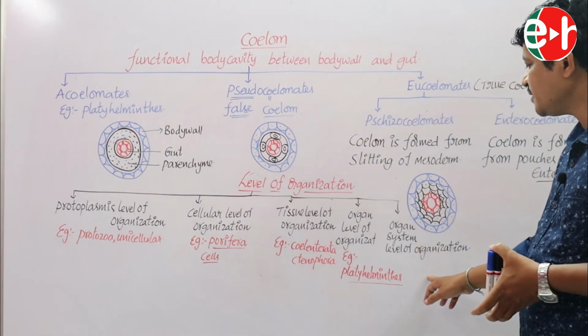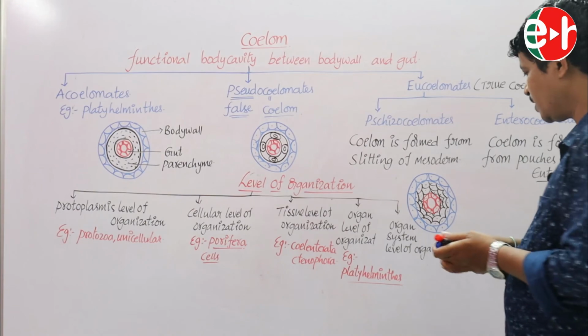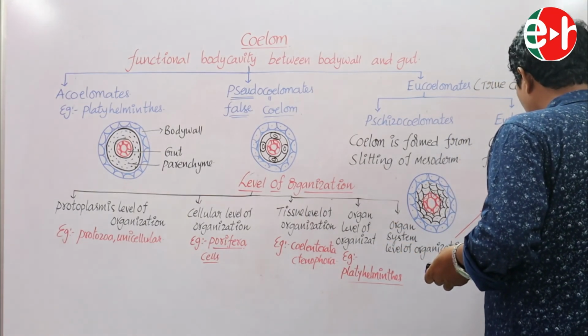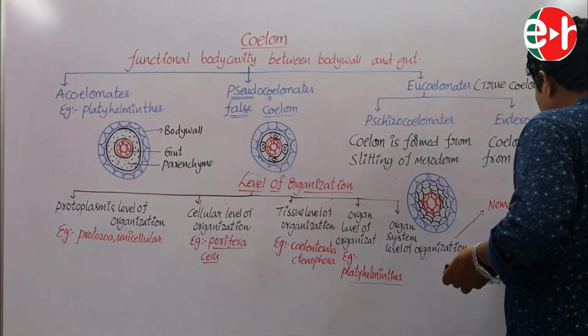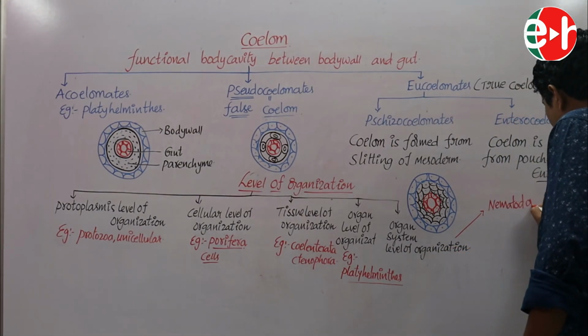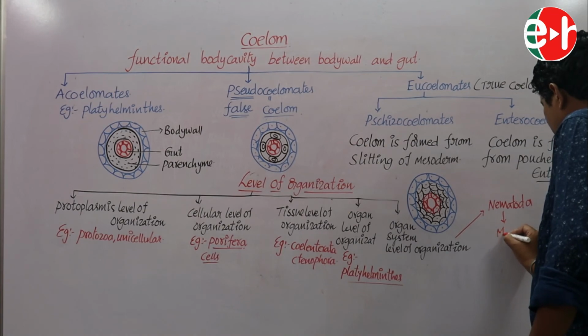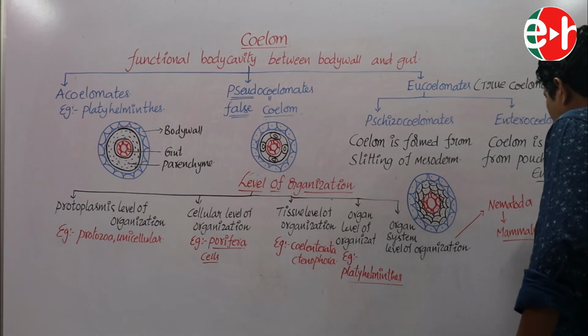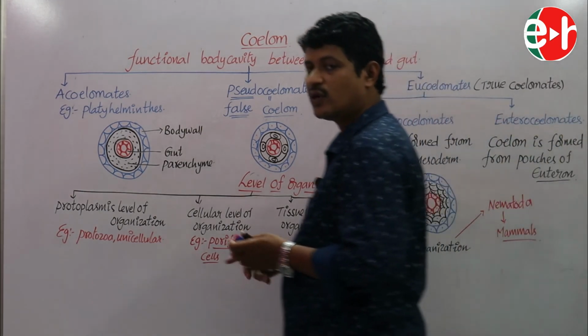And the last one, the organ system level of organization. From the Nematohelminthes, or from the nematodes, to mammals, all are examples of the organ system level of organization.